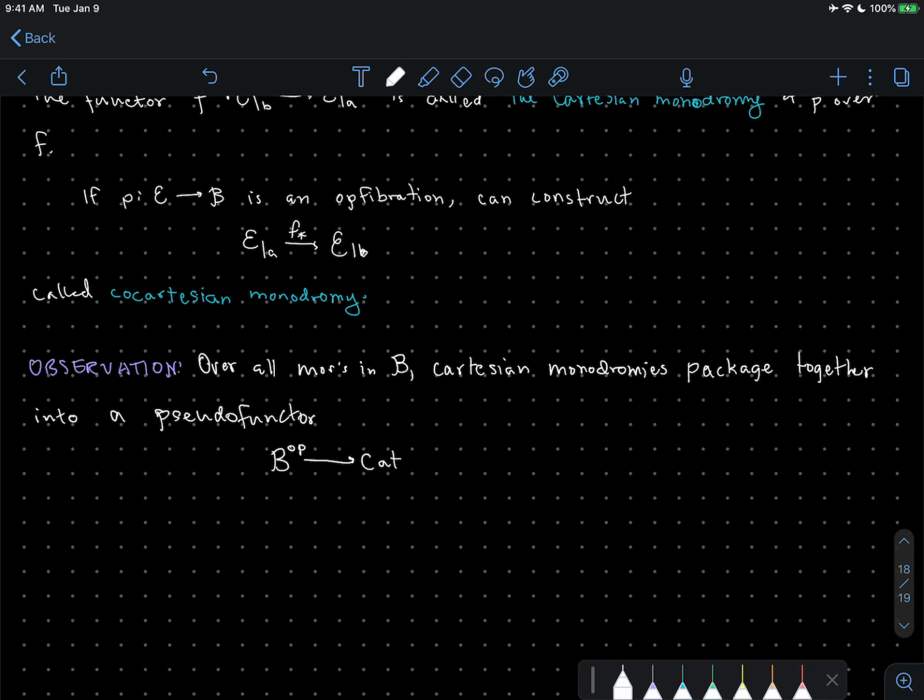And the idea of a pseudofunctor is that composition need not be preserved on the nose, though it will be preserved up to a specified natural isomorphism.